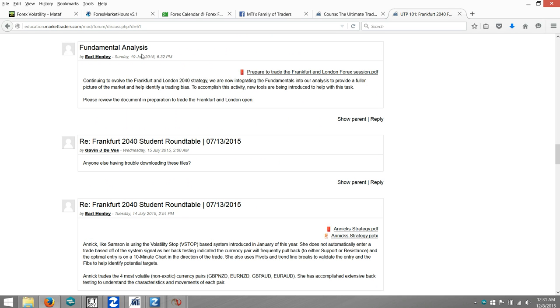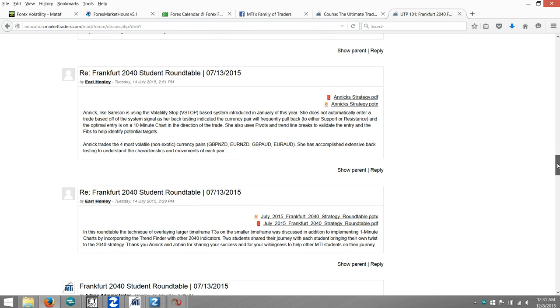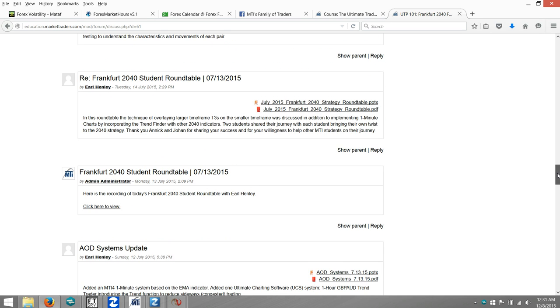Okay, and then we have the fundamental analysis. This is a PDF, I believe. And in here, this is one of the students was having an issue with the PDF, downloading the files. Earl fixed that. And this is the ANIC strategy, PDF and Word document strategies in there.